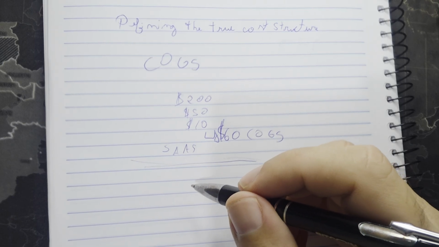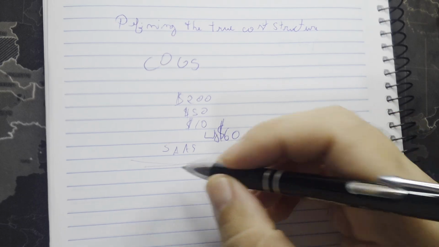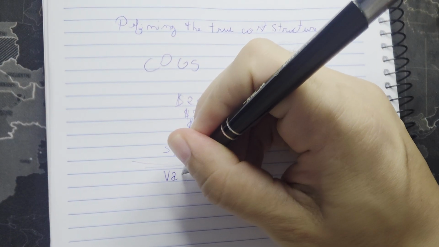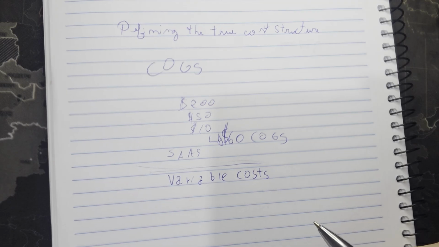Beyond COGS, there exists a layer of variable costs that scale linearly with order volume. These are distinct from fixed costs, okay, like rent, salary, software subscription, which do not change with incremental sales. The best CPA formula must deduct these variable costs before determining the ad budget, as they are non-negotiable expenses triggered by the conversion itself, okay?